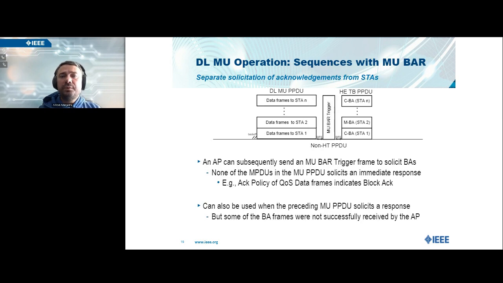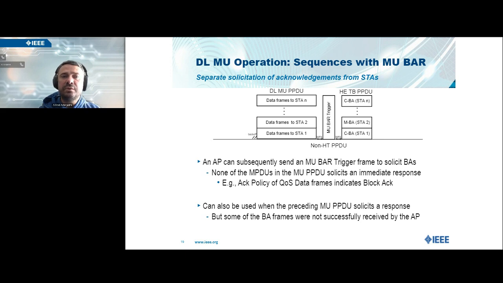On top of the default sequence, we have an additional sequence that contains the MU-BAR trigger as a means to solicit these immediate responses. It can be used for different reasons. One is, for example, if the access point does not have enough room in the downlink MPDU to include trigger frames, or the access point does not receive all the block ACKs from the stations.